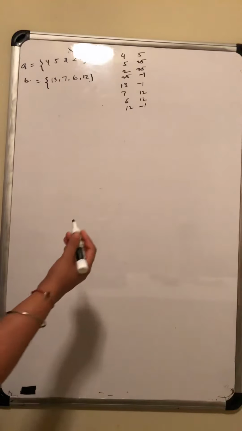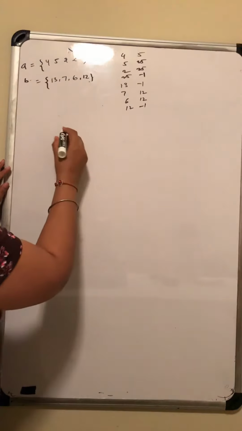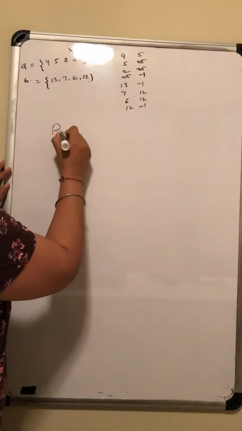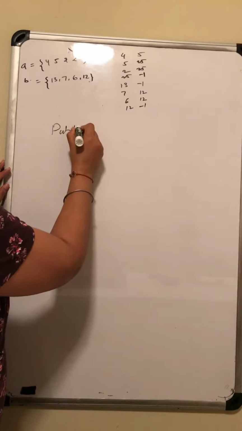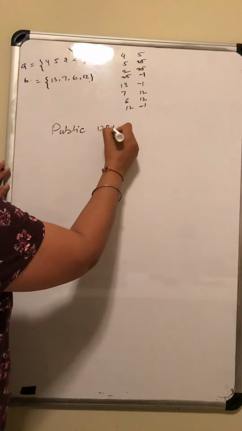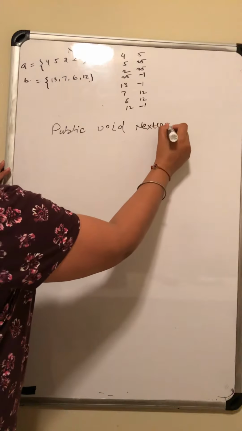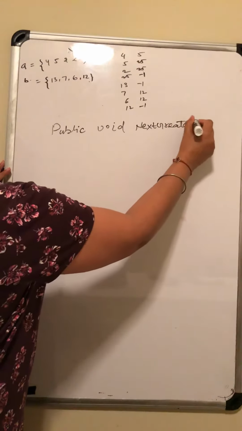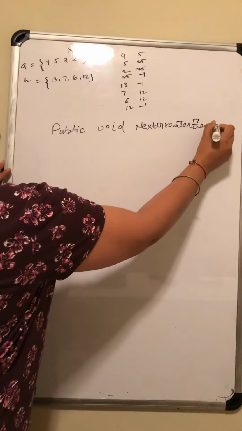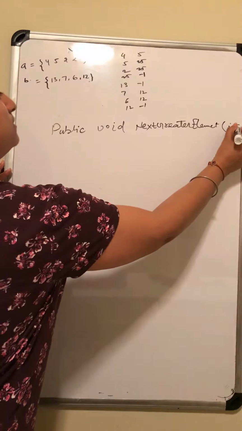The code for this solution will be like: public void nextGreaterElement, and I will pass the array here.